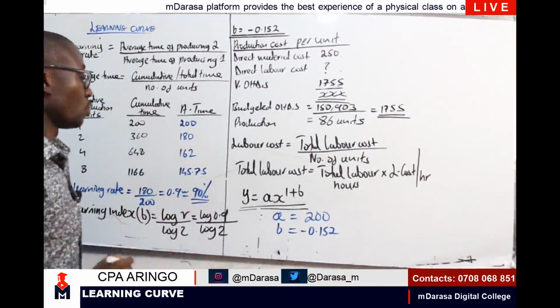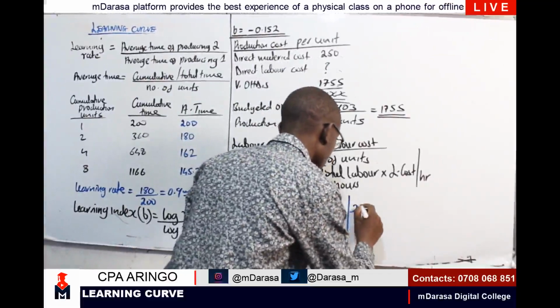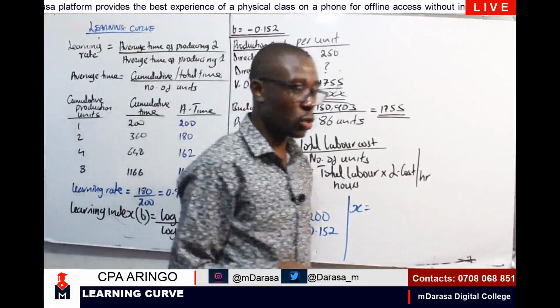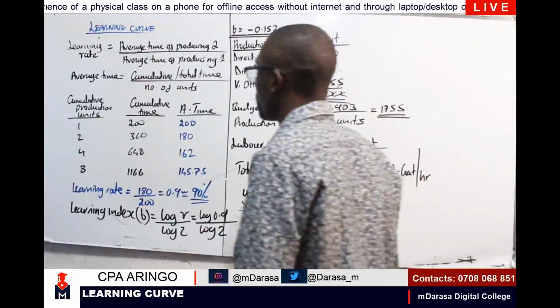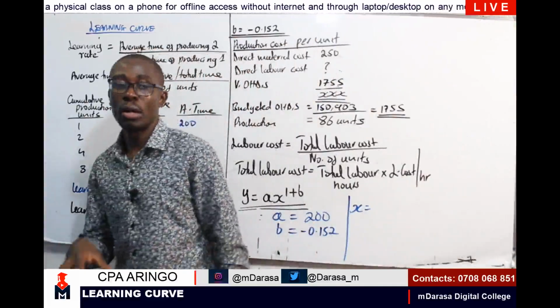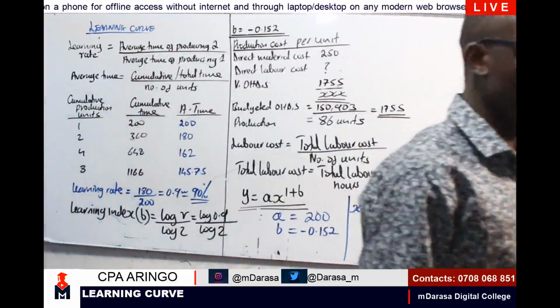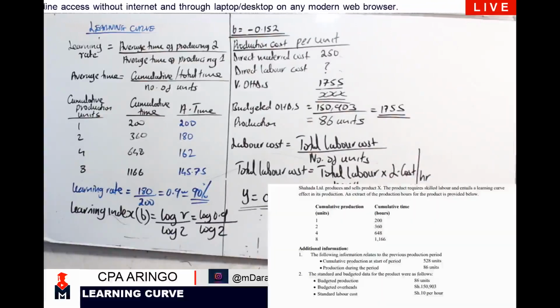My big question will be on our cumulative production, which is our X. How will you determine your X, my good students? To determine our X, remember we are looking at cumulative production. And in our question here, did you have this cumulative production?